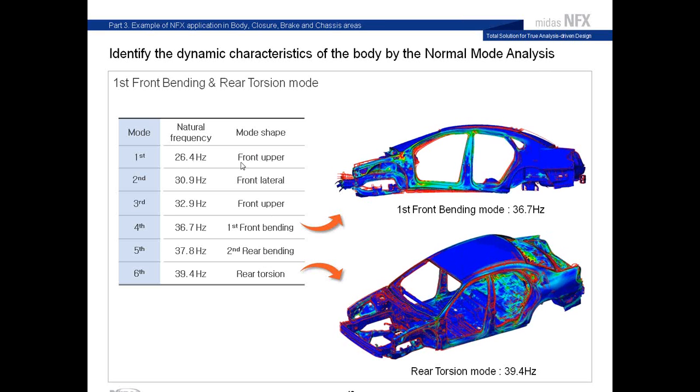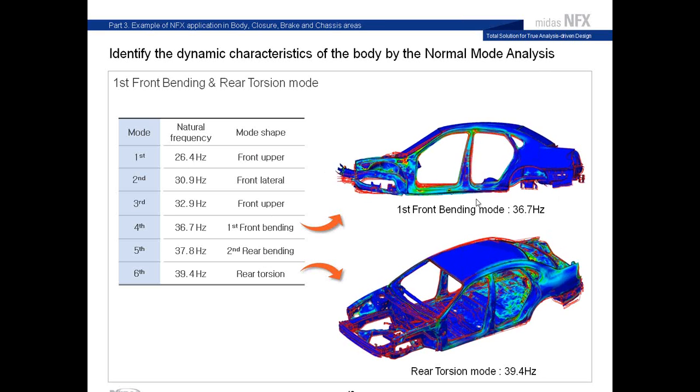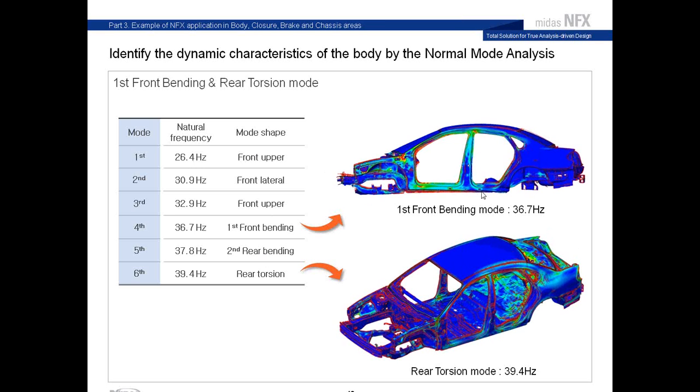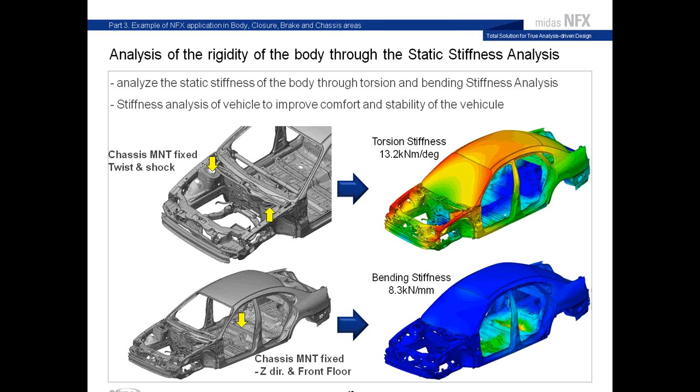At this frequency you will have the front upper mode. Here you can see it in the animation. And for 39 Hz you will have the rear torsion mode. Now, the analysis of the rigidity is also made through static stiffness analysis to analyze the torsion and the bending stiffness.